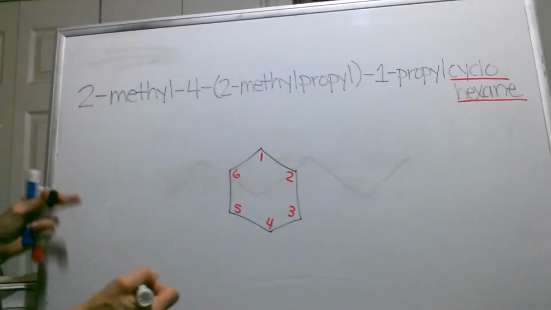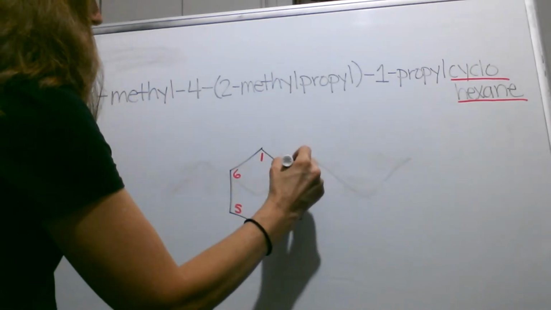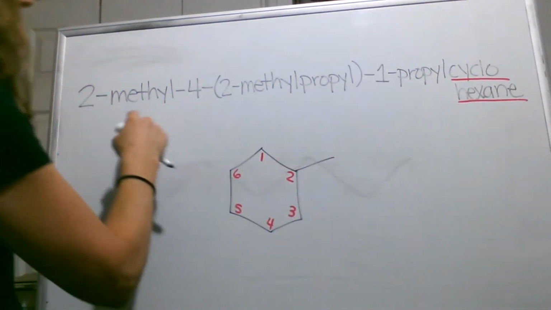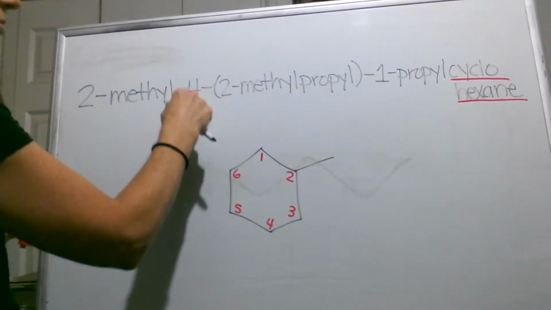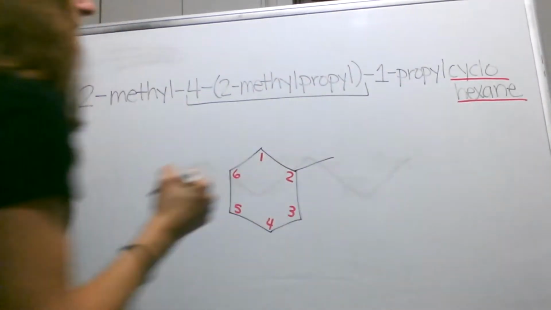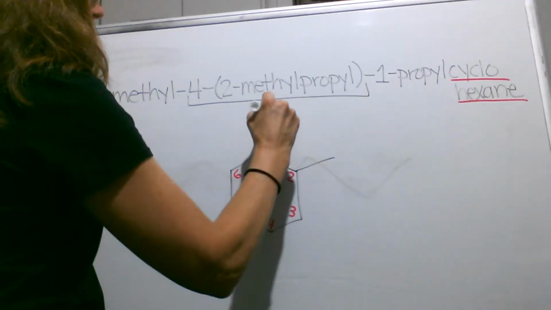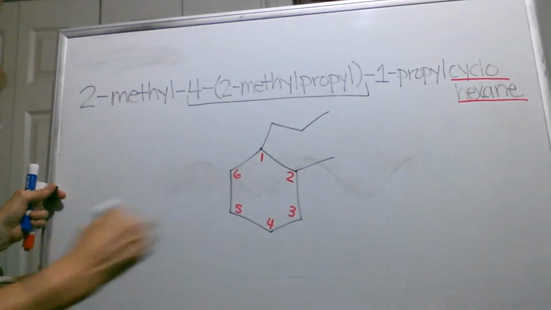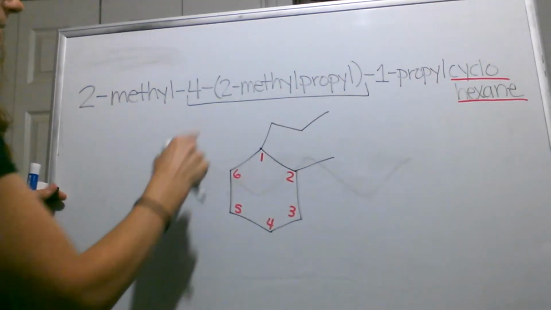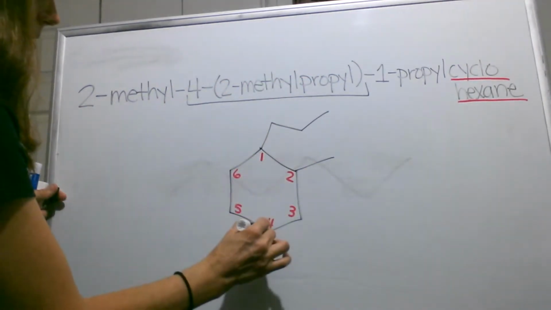And then we apply the same steps. So on carbon 2, there's a methyl group. On carbon 4, there's one of these branched chunks. We'll come back to that just like we did in the previous problem. On carbon 1, there's a propyl group, a 3-carbon chunk. And then coming back to carbon 4, we have a 2-methylpropyl.